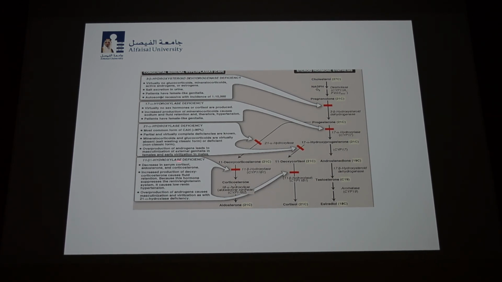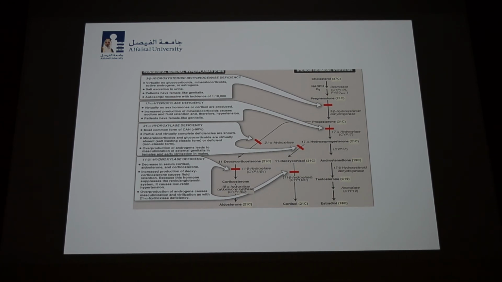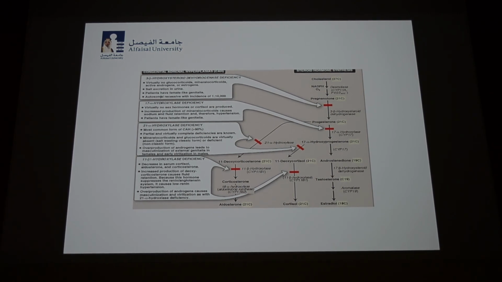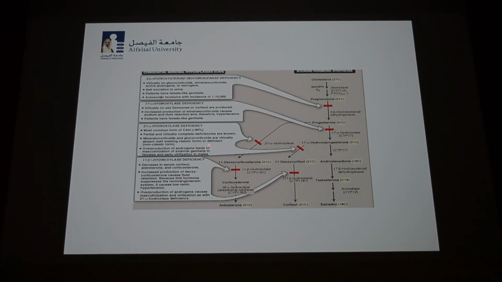So this will lead to the overproduction of androgen, which will lead to masculinization of the external genitalia in females, and early virilization in males. So sexual complication may occur because of the overproduction of these hormones. So this is the only one that I want you to study from this slide, this disease. Okay?